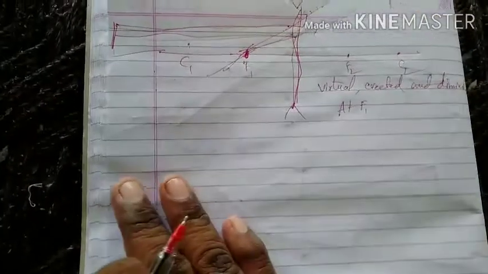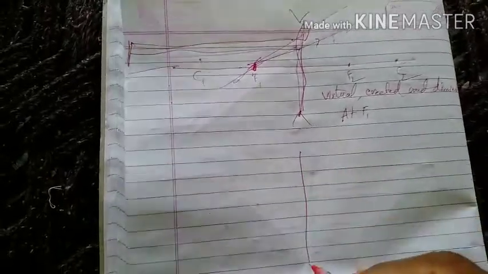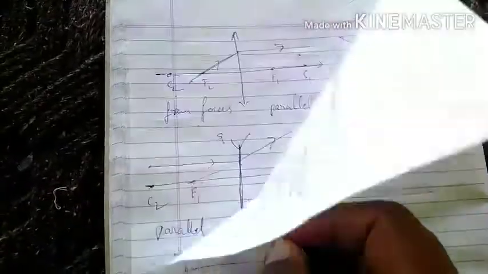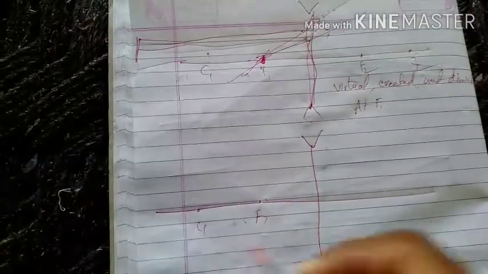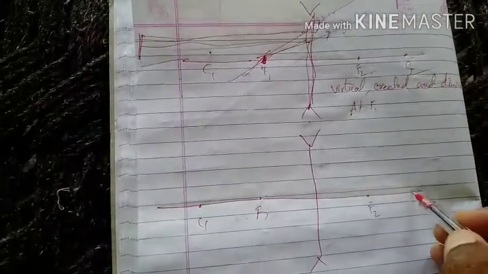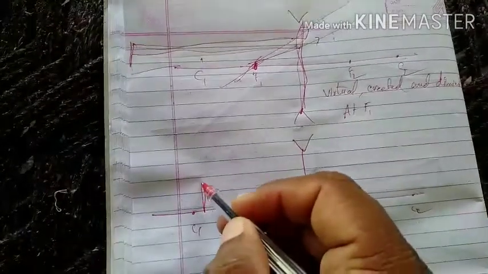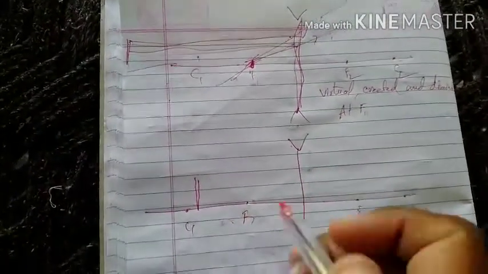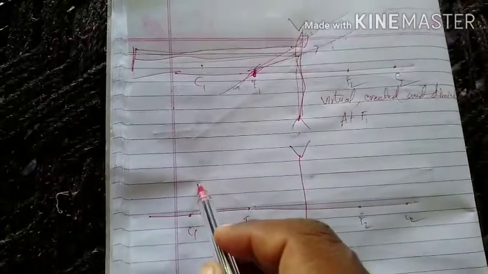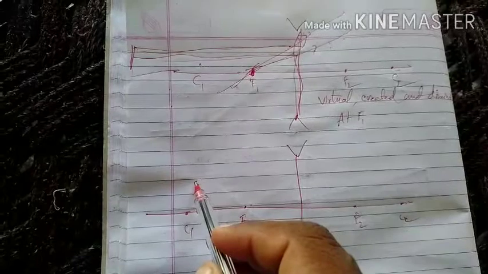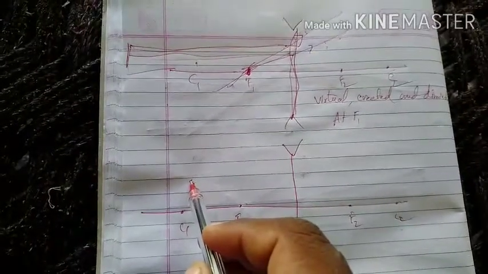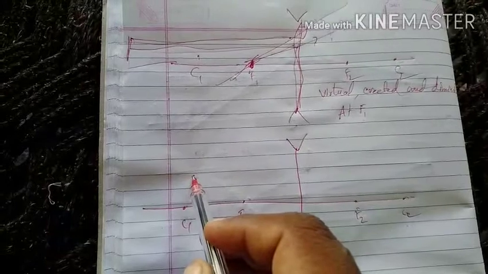Similarly, in the remaining cases, you see F1, C1, F2, C2. Anywhere you keep the object, it is now able to release any kind of light rays because it is not at infinite distance.